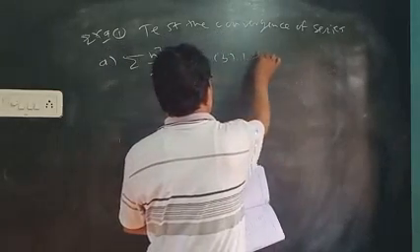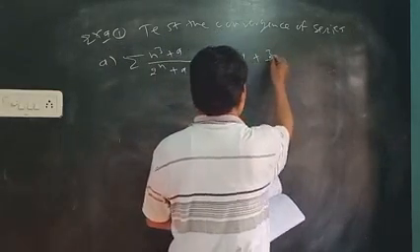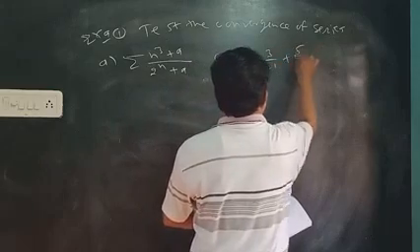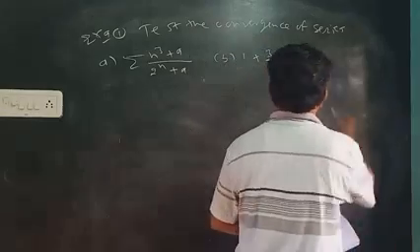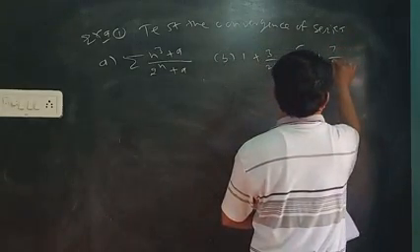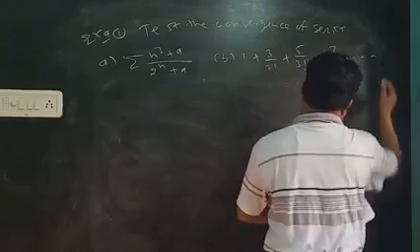Second: 1 plus 3 upon 2 factorial, 5 upon 3 factorial, 7 upon 4 factorial, and so on.